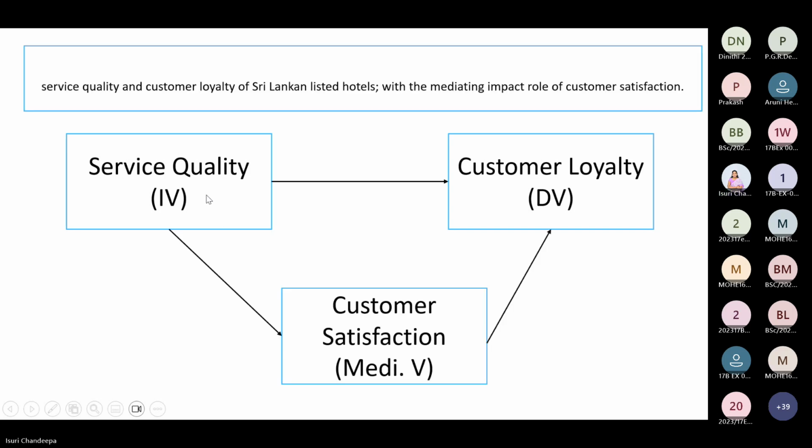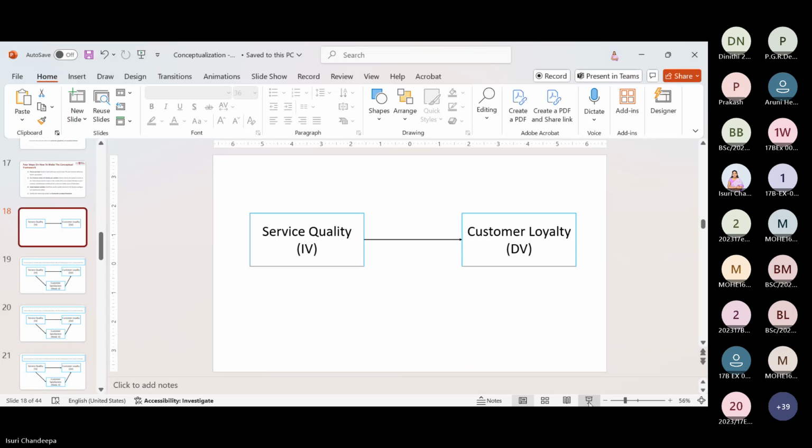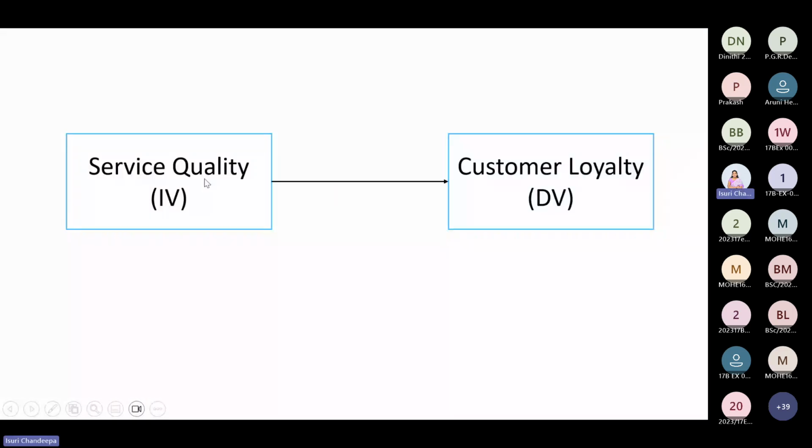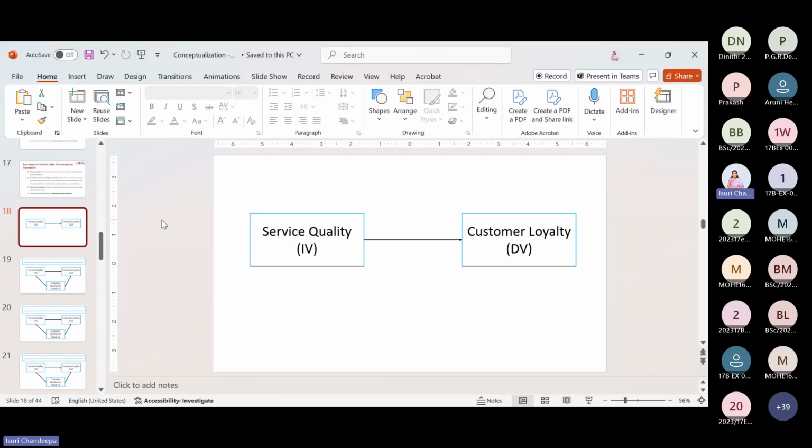So you need to draw the first independent variable, or else if there are a lot of independent variables, it should be like this.